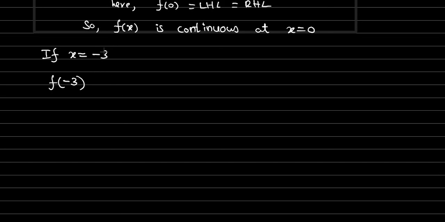So f of minus 3: 5 of minus 3 minus 3, 5 3s are 15, minus 3, so minus 18. Minus 18 we are getting.